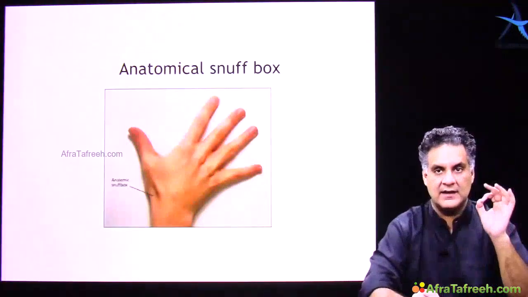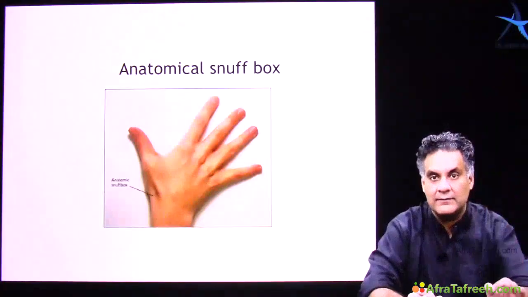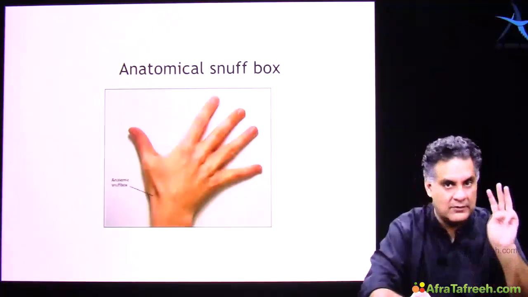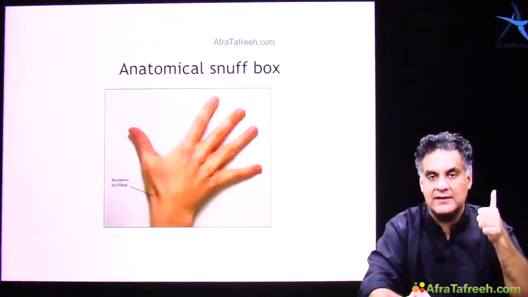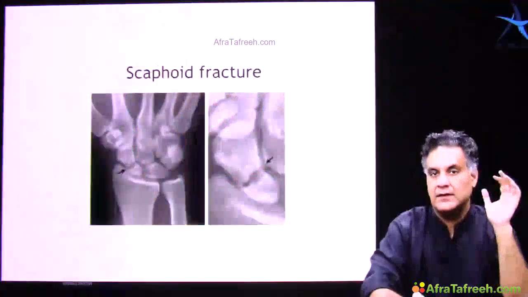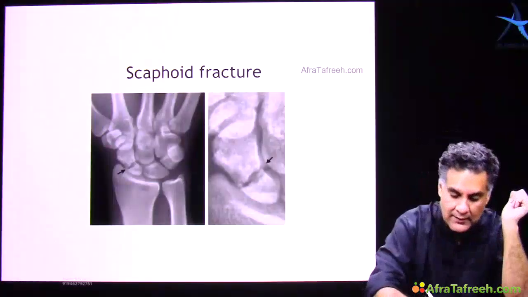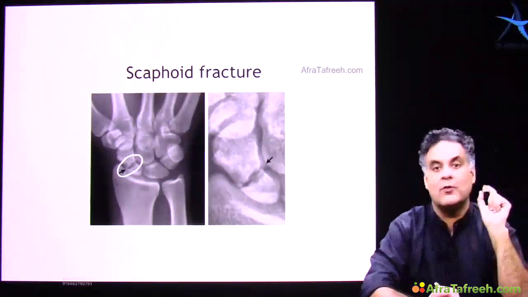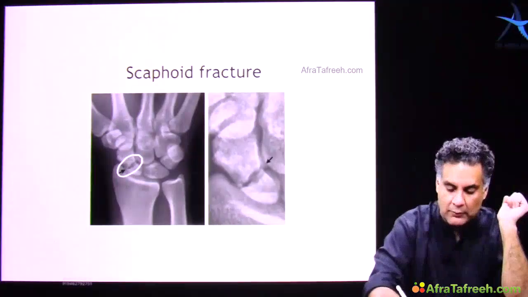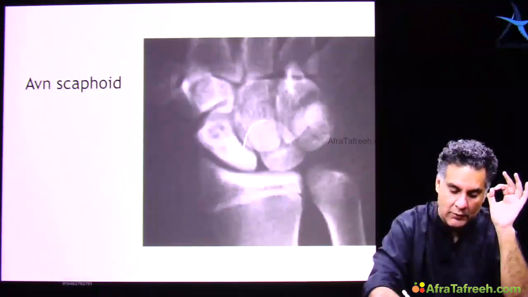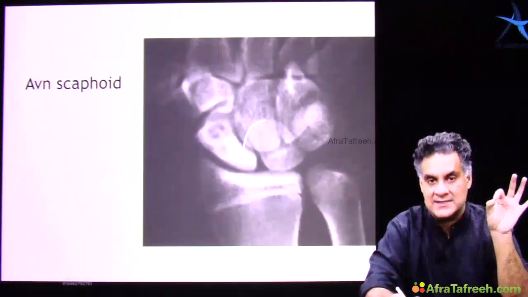There is tenderness in the anatomical snuff box in scaphoid, trapezium, and base of first metacarpal, 3 points, but most importantly scaphoid. Scaphoid fracture, you should learn to pick up the boat-like bone fractured right at the center, the waist. The proximal pole undergoes AVN, and any AVN, avascular necrosis, the bone will look more white, dense.